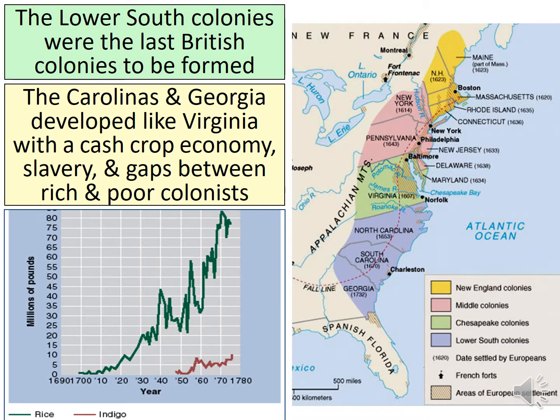So the lower South colonies were the last British colonies to be formed, and that's important. So we're moving along and even getting into the 1700s here, and that's the time frame we're going to be talking about when we talk about the Carolinas and we start to talk about Georgia.